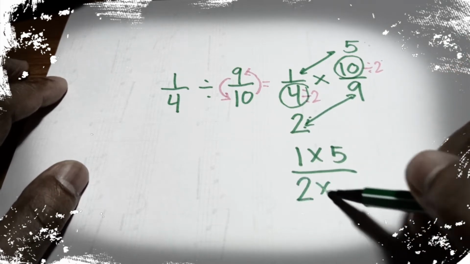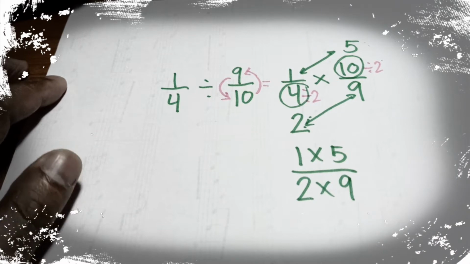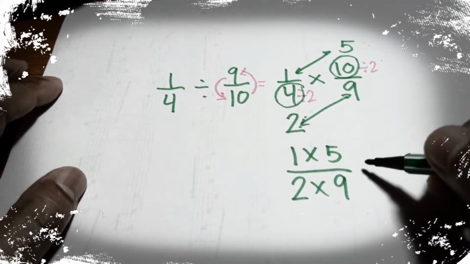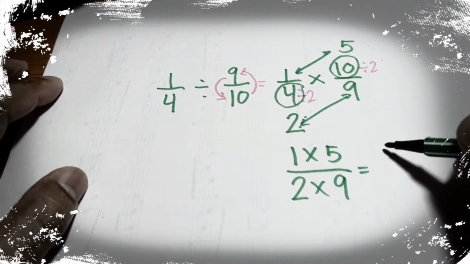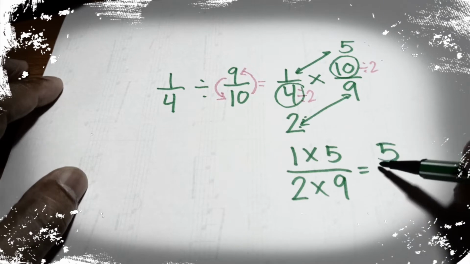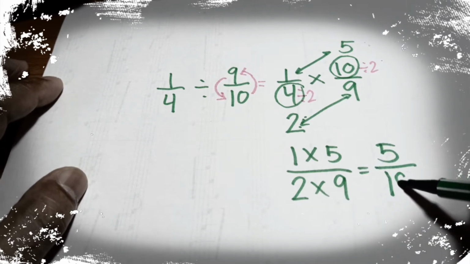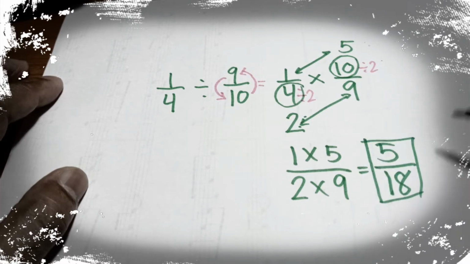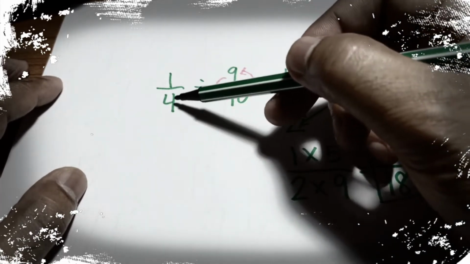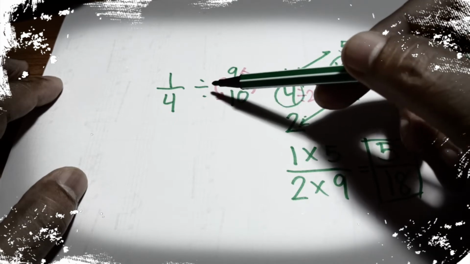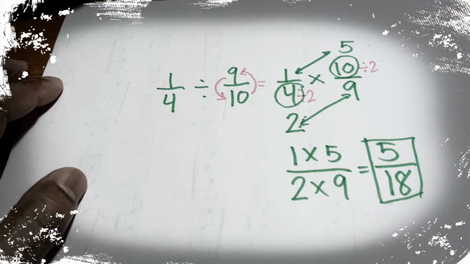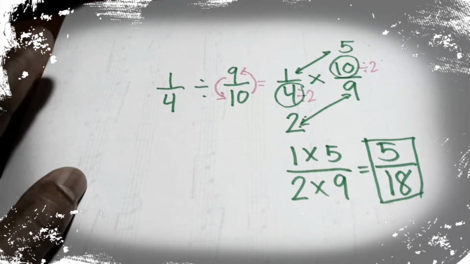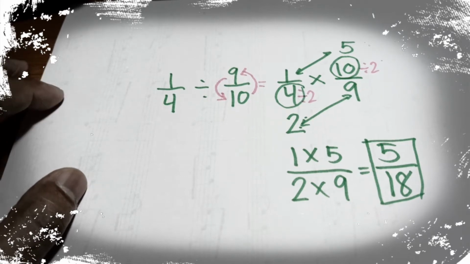The answer will become 1 times 5 is 5, and 2 times 9 is 18. And that is the answer when we divide 1/4 by 9/10. So it's quite easy. Let's take another example.